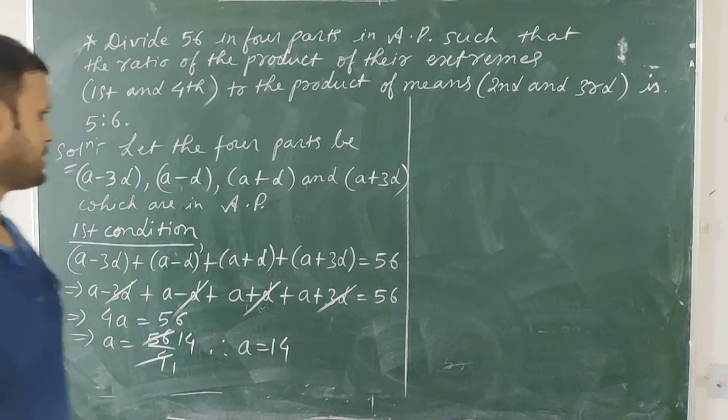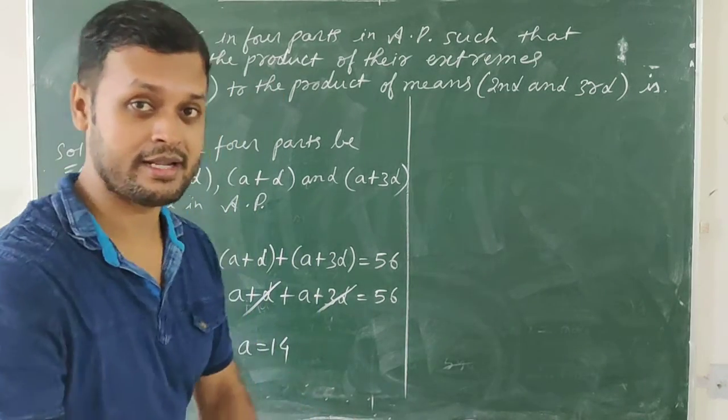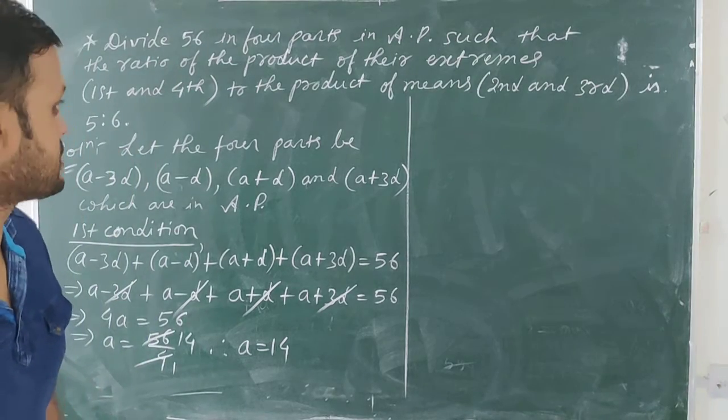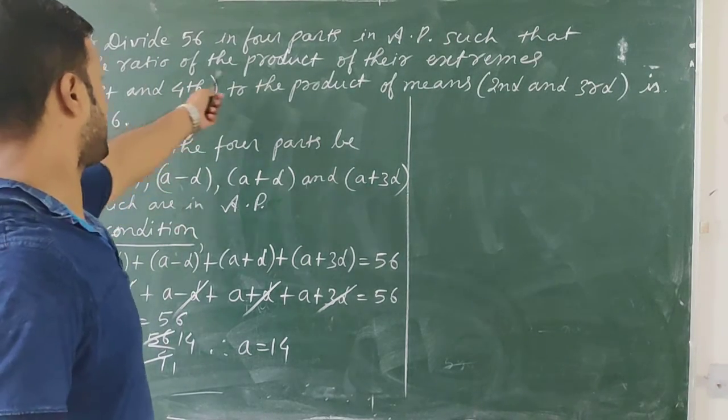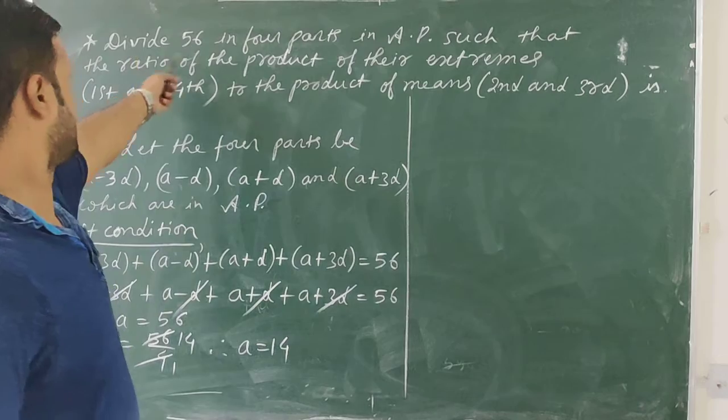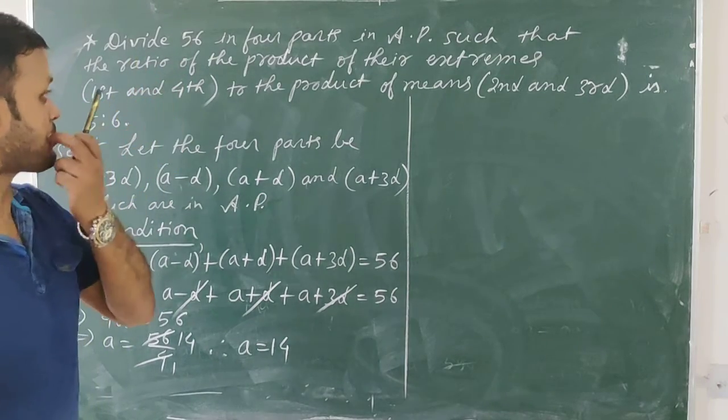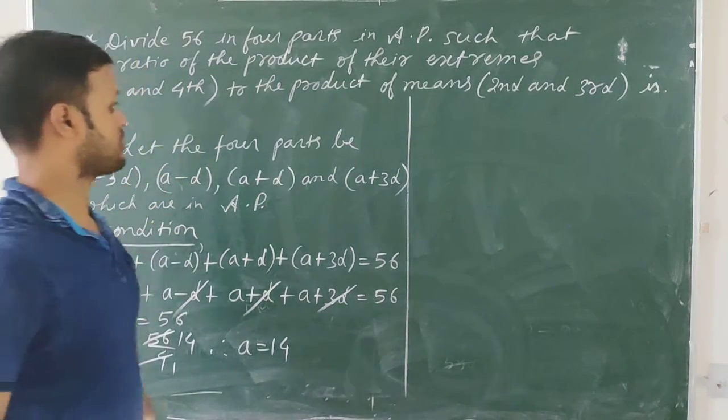Isn't it, students? Now let us come to the next condition, the second condition: the ratio of the product of the extremes to the product of the means.